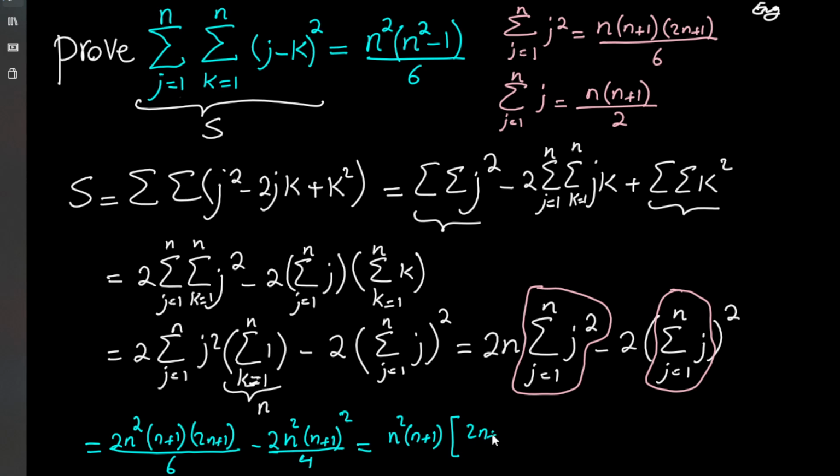So 2n plus 1 over 3, and then minus n plus 1 divided by 2. If you further simplify, you get exactly what is described here: n squared times n squared minus 1 divided by 6. And this completes the proof for this double summation.